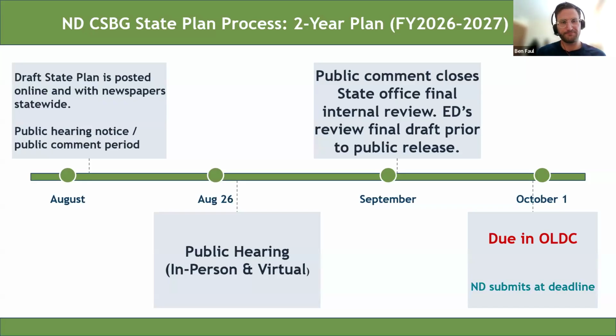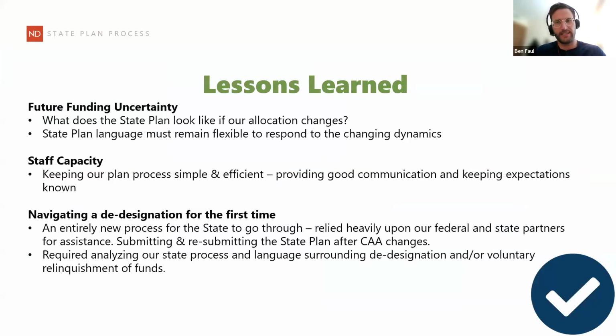Next slide. So some of the lessons that I've learned just this last year with the state plan, with future funding uncertainty as we're all navigating, is what does the plan look like if our allocation changes?